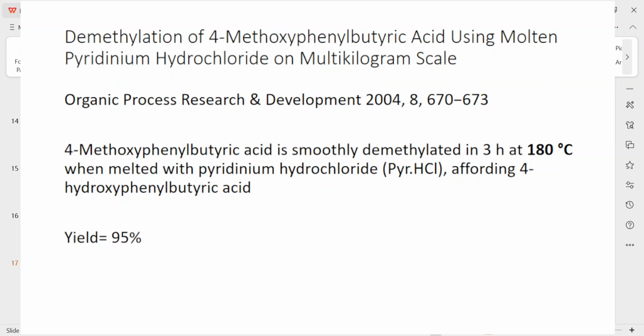And this is an example where pyridine hydrochloride was used at 180 degrees centigrade to produce 4-hydroxyphenyl butyric acid. This is the reference if at all somebody wants to go through the reference and try the reaction under the conditions given in the paper.